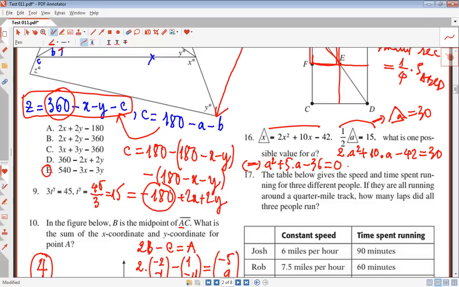We need to factor. If we don't want to use a calculator, here we have the product is minus 36 and the sum is number 5. It must be the number 9 and minus 4. A equals 4 and A equals minus 9.